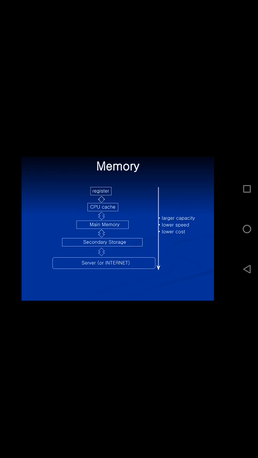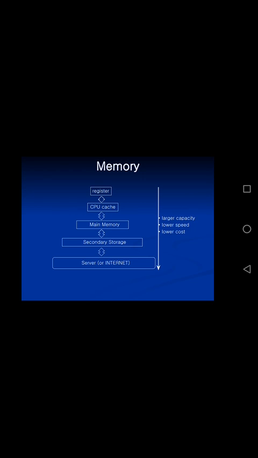So registers are the smallest memory elements in the computer, and they can be accessed very fast by the processor.